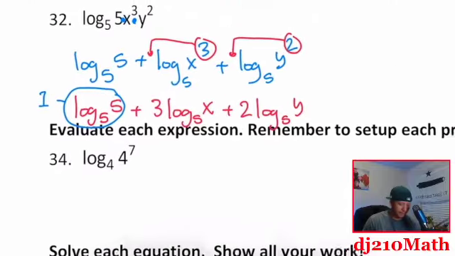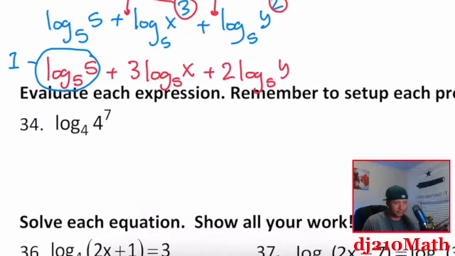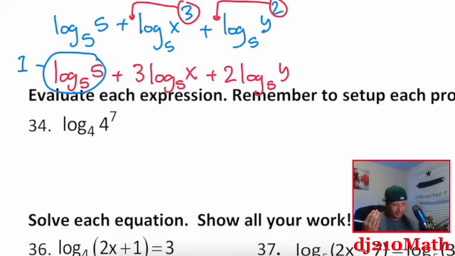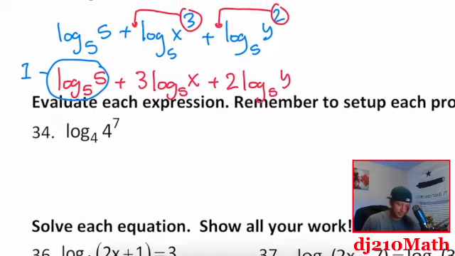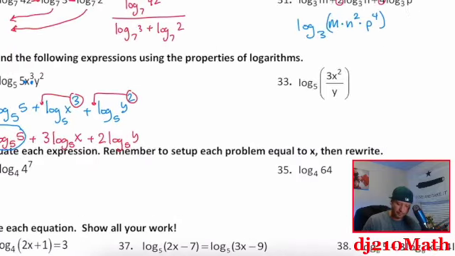Would they put an answer like log base 5 of 5 on the test and count it wrong? I don't think they're that mean. You'll either see log 5, 5 or you'll see 1. I don't think you would see both.